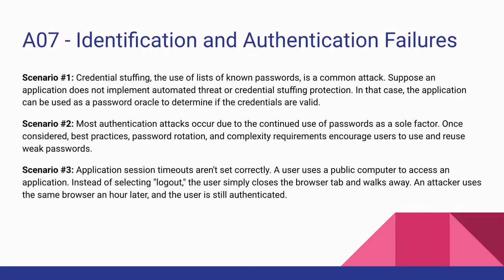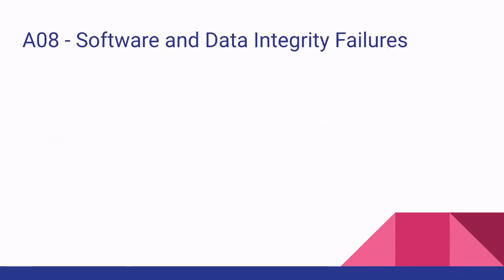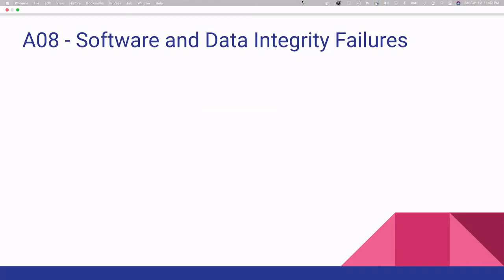For instance, if for some reason you feel that somebody has logged in, so you go and change your password, but what about the old session? If somebody had logged in, even that should be invalidated. So that is the identification and authentication failures.